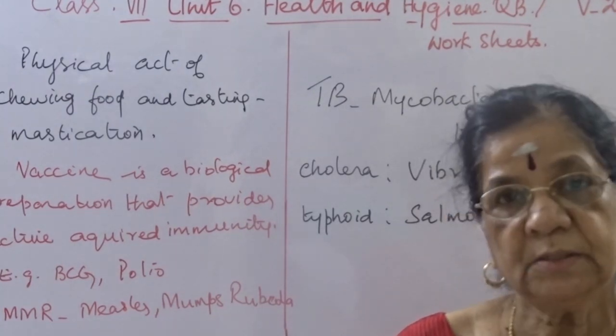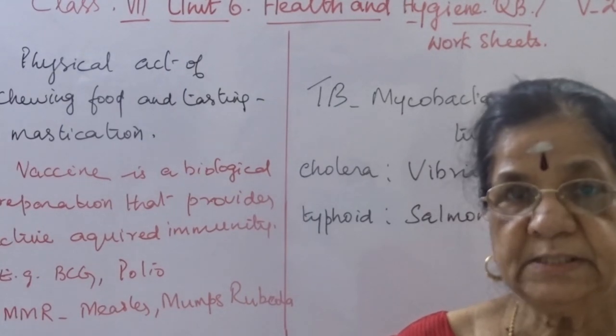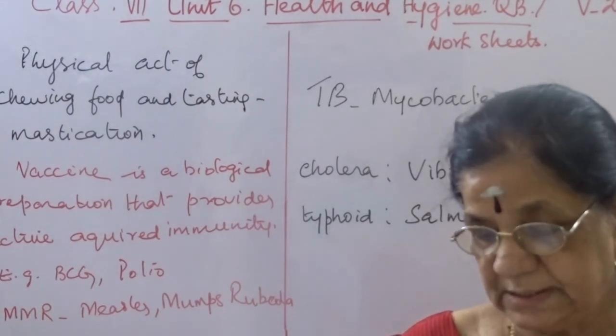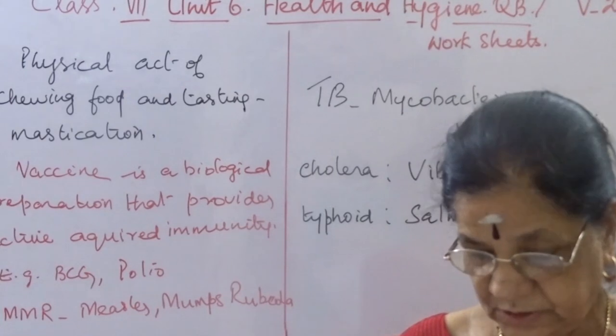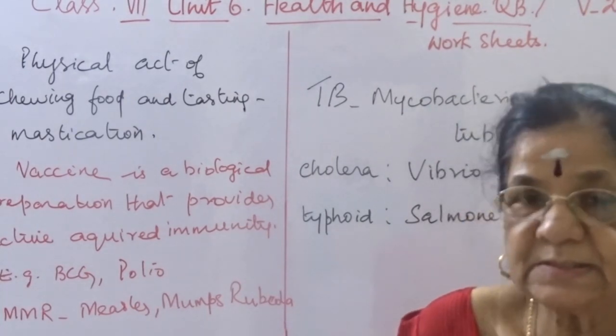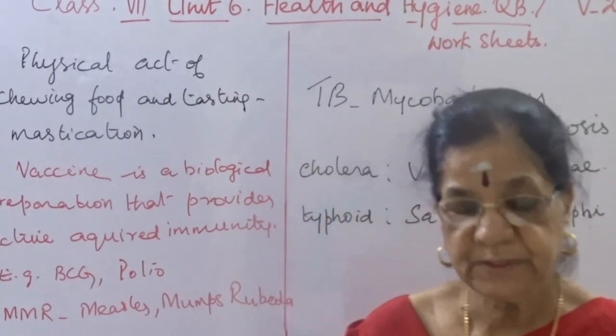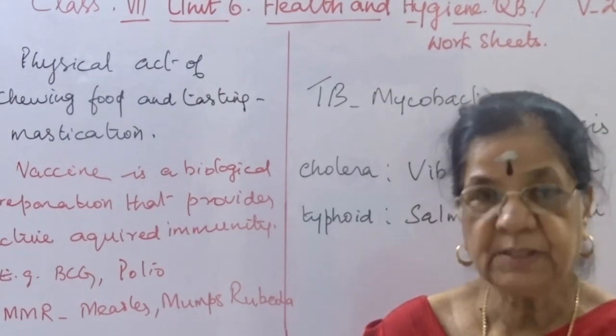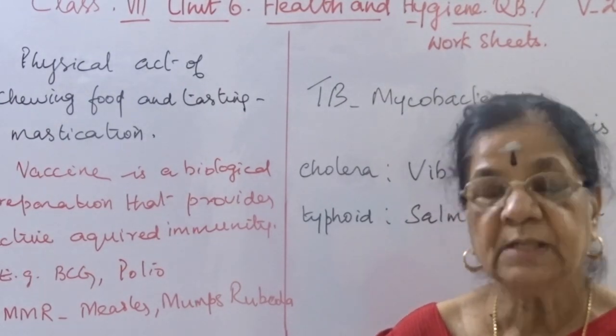Notes on cholera, pages 88, 89. Typhoid, page 89. Causes and symptoms of chickenpox, page 90. Then anemia, pages 91, 92.